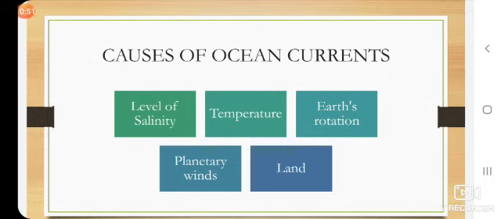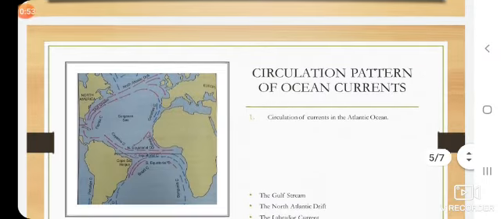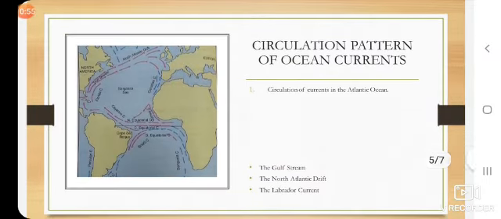Okay, children, moving forward, now let us know about the circulation pattern of ocean currents. There are two types of circulation pattern of ocean currents. The first one is the circulation pattern in the Atlantic Ocean. In the Atlantic Ocean, the ocean currents are influenced by the prevailing winds and the Coriolis force, children.